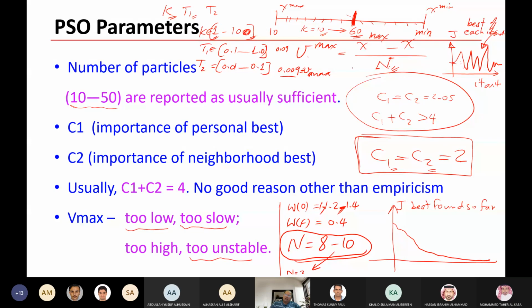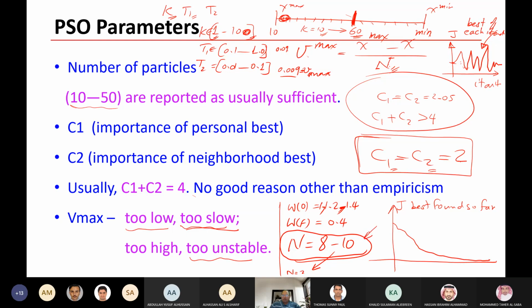But of course, if you make n very, very high, you limit the variation of the position of the particle, so you will experience slow convergence. So you need to compromise.